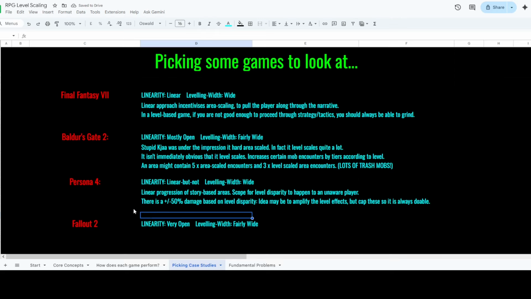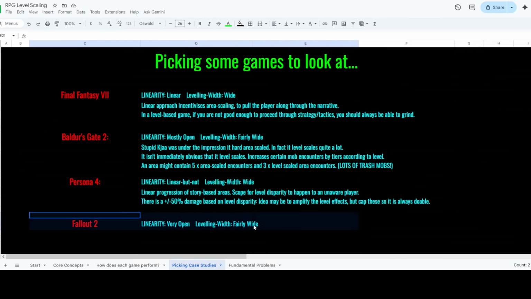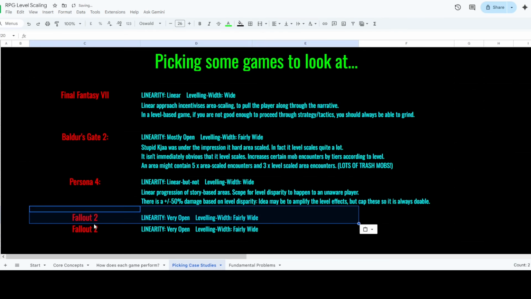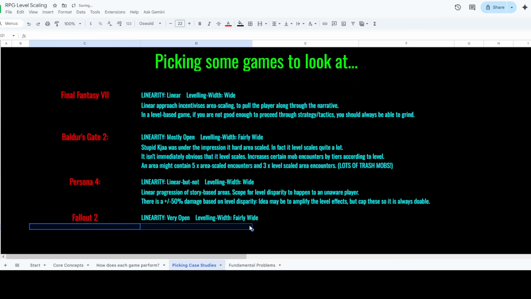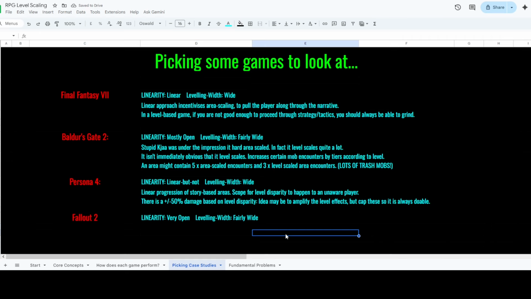To be honest with you, with Persona 4, I guess like in Baldur's Gate, it does manage to sort of hide away these systems, because until you know it's there, it's hard to know exactly how that's working.